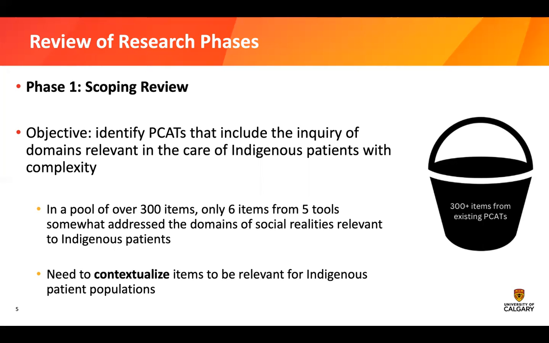So in a pool of over 300 items, we found only 6 items from 5 tools that somewhat addressed some of the social domains of the social realities which are relevant to Indigenous patients. But overall, none of these items were really comprehensive enough to be used in a clinical setting. Of the 300 items, we also identified this need to really contextualize the items so that they can be relevant for Indigenous patient populations.